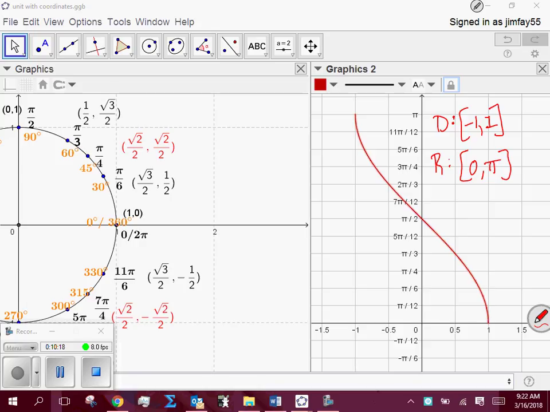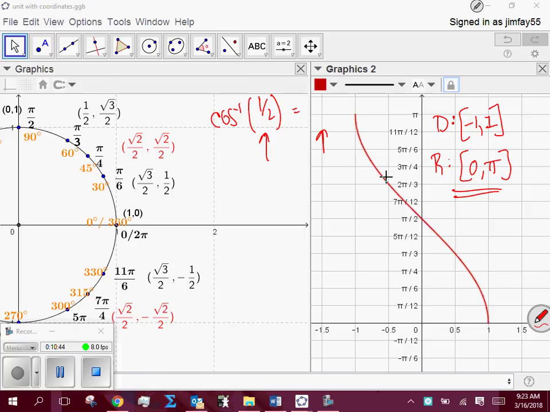Okay, so now when I'm asked questions about cosine inverse, let's just go 1/2 here, make it easy first. This is my domain. That's my input value. So that number has to be between negative 1 and 1. Okay? And this number that I get back, my output, has to be between 0 and pi, right?